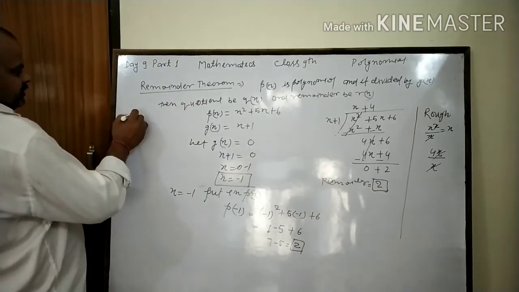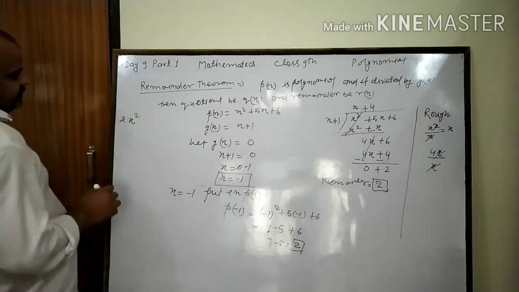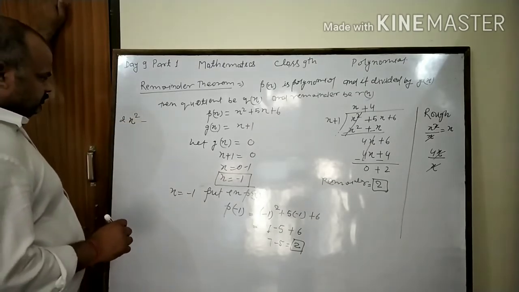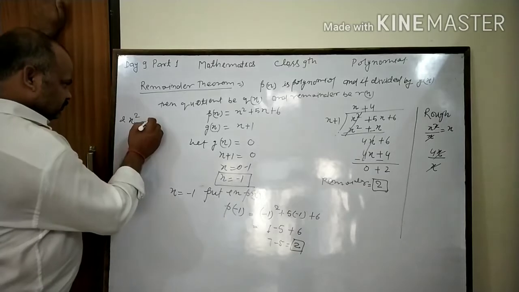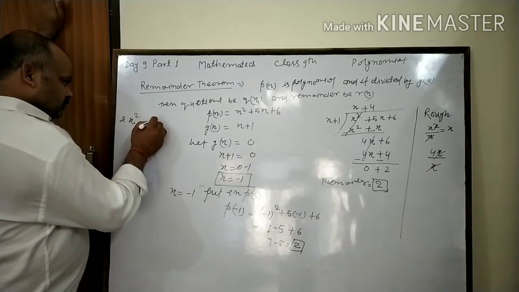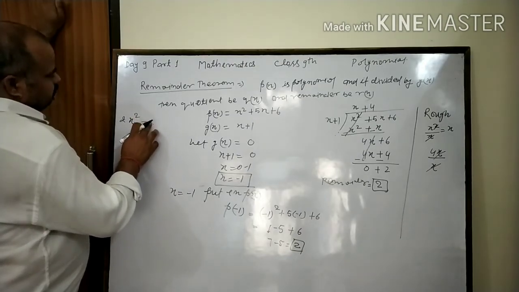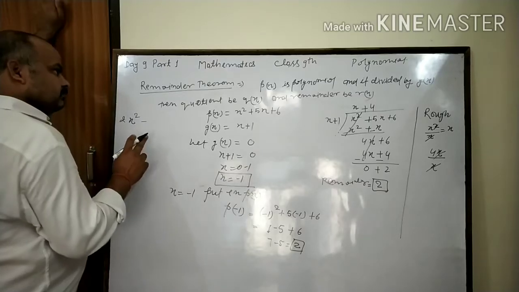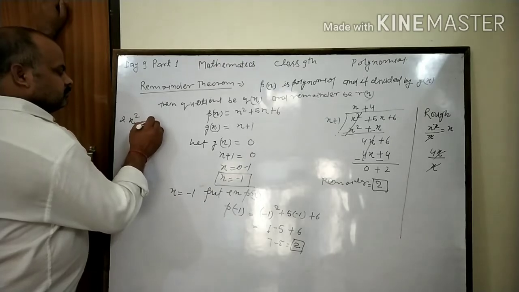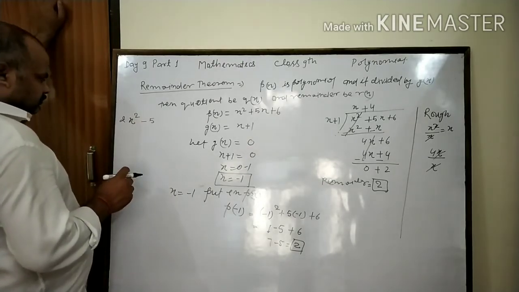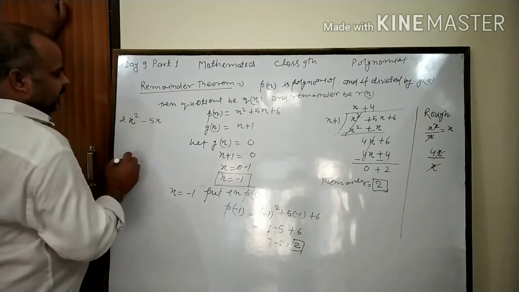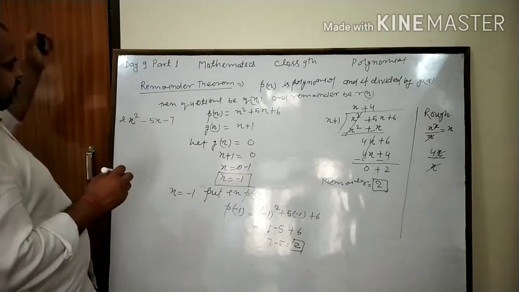p(x) is 2x square minus 5x minus 7. Clear?